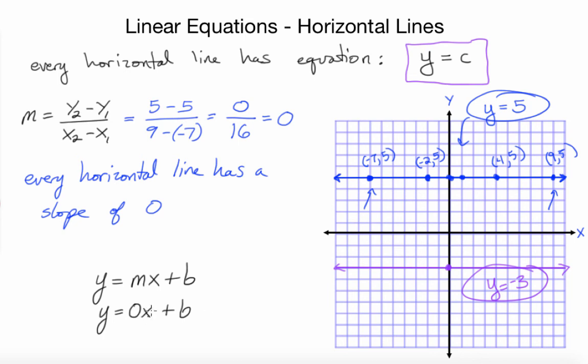But 0 times anything is just 0, so it turns into just y equals our constant, or y equals b, whatever the y-intercept is. So the idea of slope being 0 also directly leads you to why the equation of a horizontal line is just y equals some constant number. And that constant number is just the y value that the line goes through, just the y-intercept.